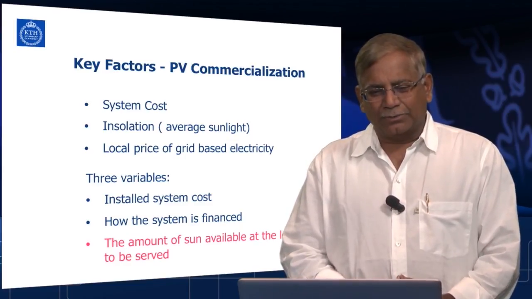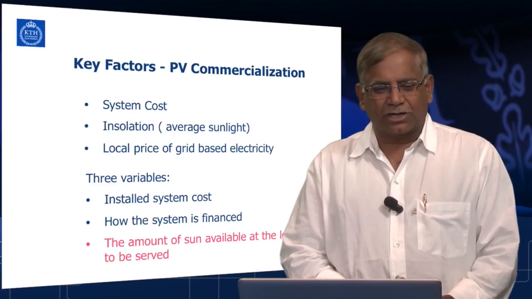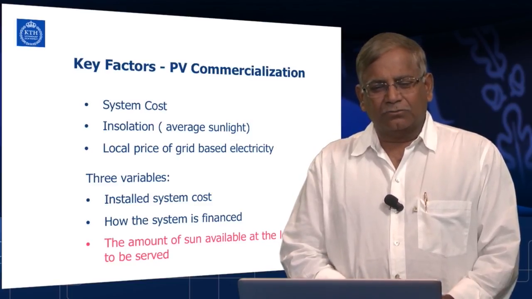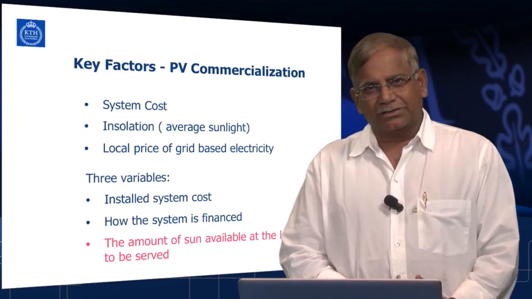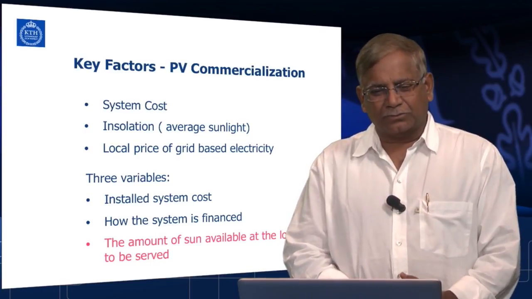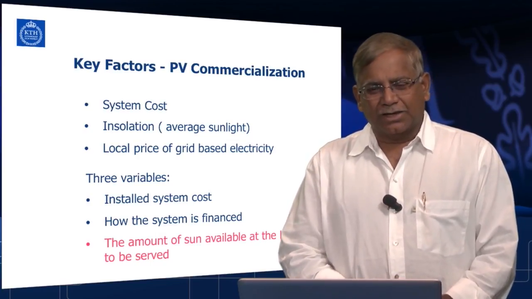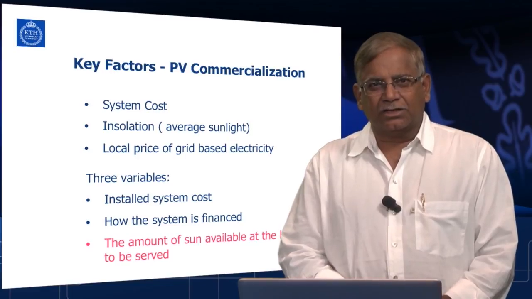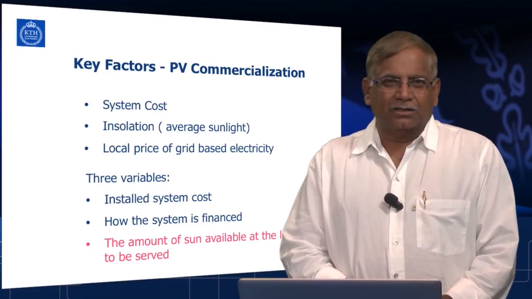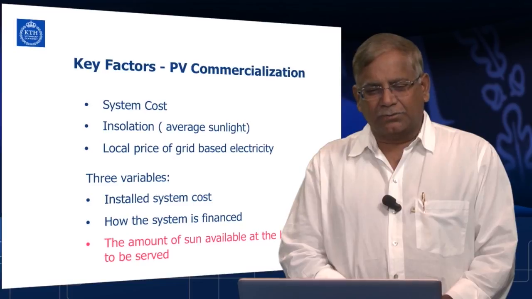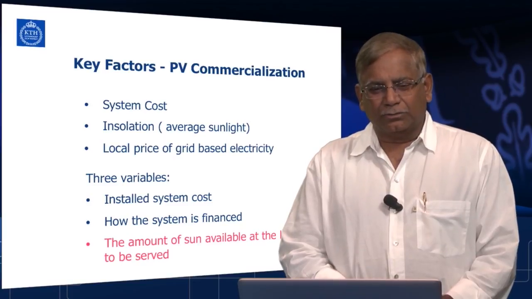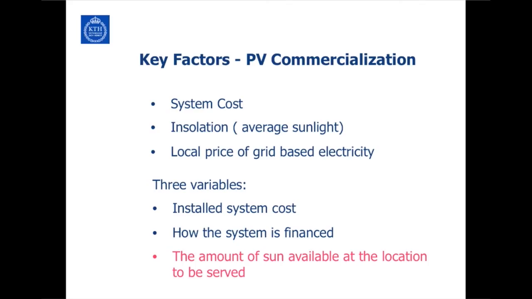For that to happen, we have to consider the system cost, and another important one is the insolation, the irradiance part we are going to talk about. That is the average sunlight hitting the solar panels, and to consider grid parity, we need to think about the local price of grid-based electricity.